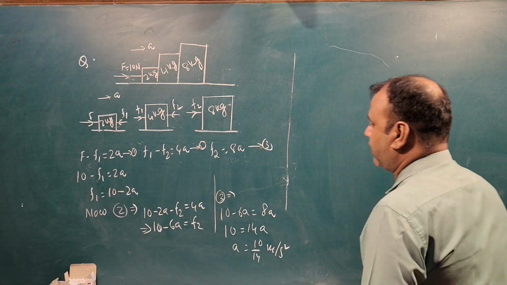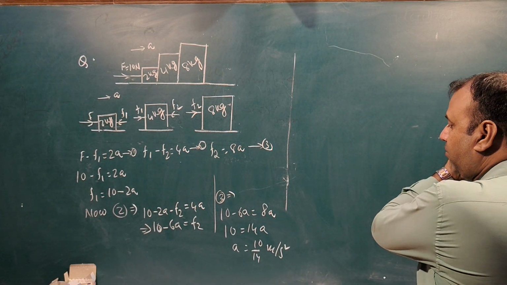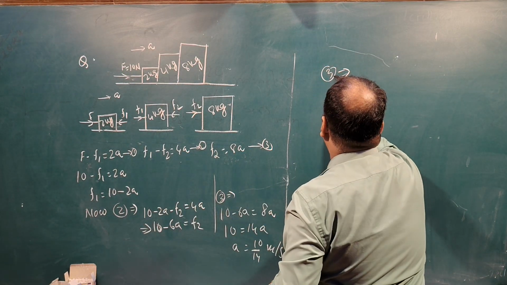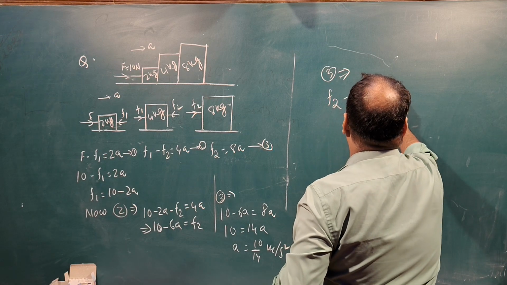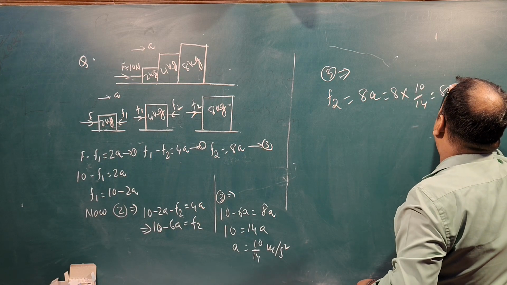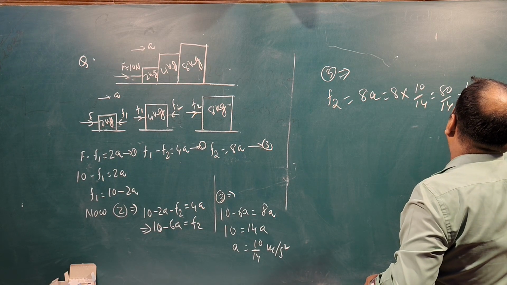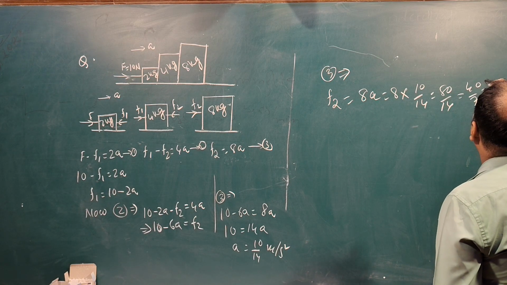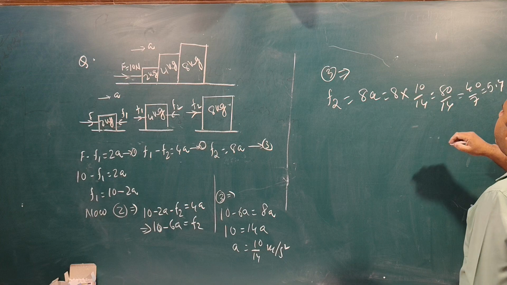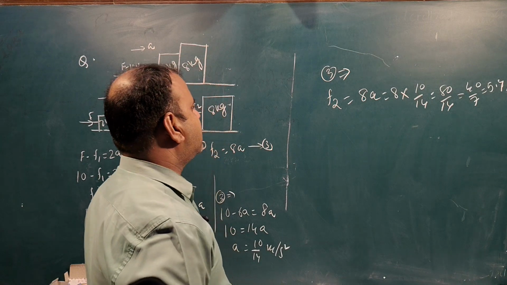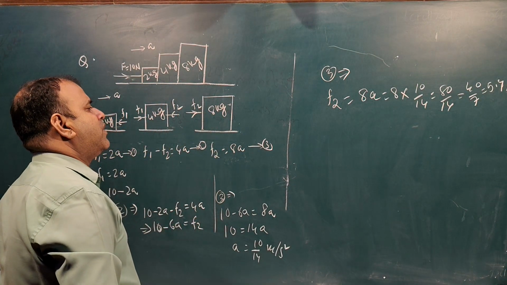We put this value in equation 3. From equation 3, F2 is equal to 8a, that means 8 into 10 by 14, so it will be 40 by 7, which is about 5.7 Newton. So from the third equation we get F2 as 5.7.